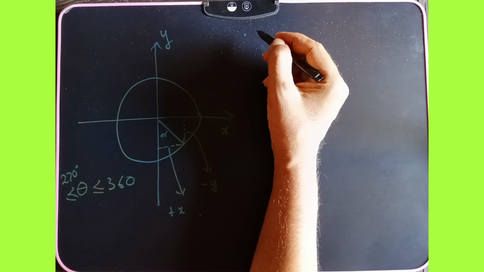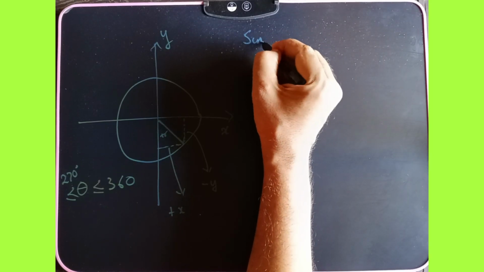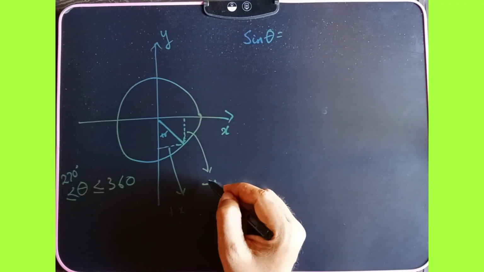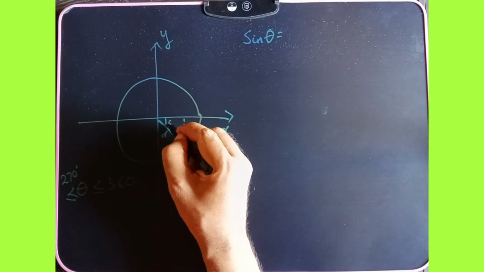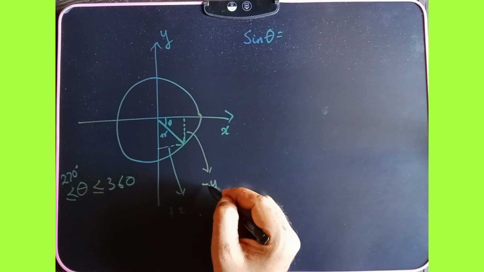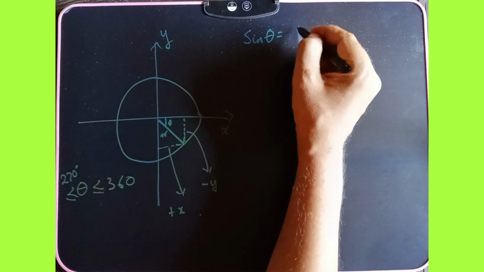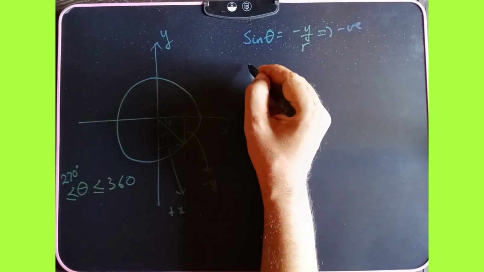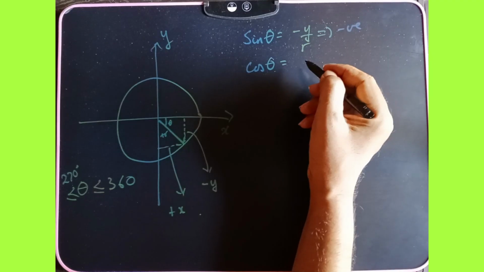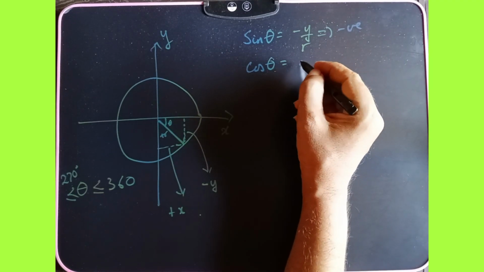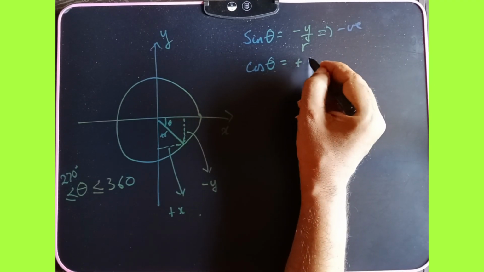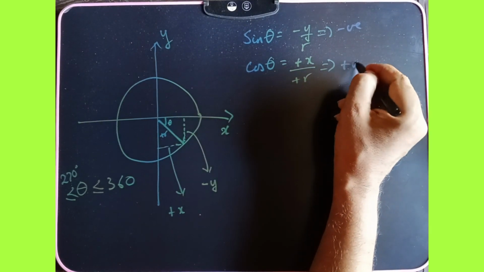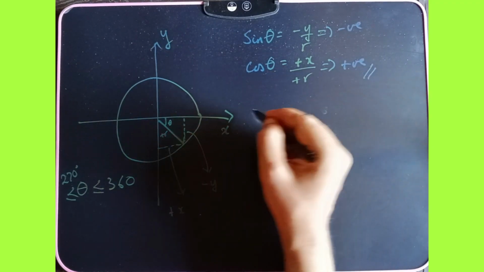I will write it another way this time. Sine theta is equal to minus y by r, so this turned out to be negative. Cos theta turns out to be positive x divided by positive r, so this is positive.